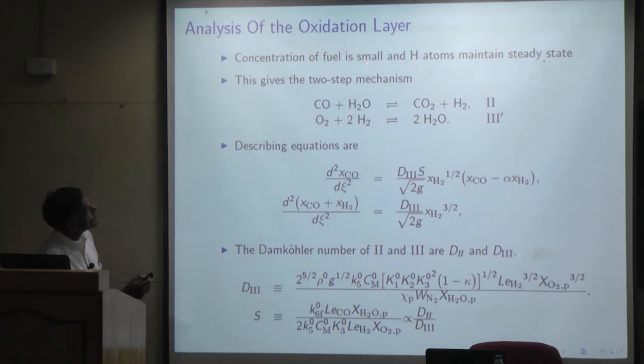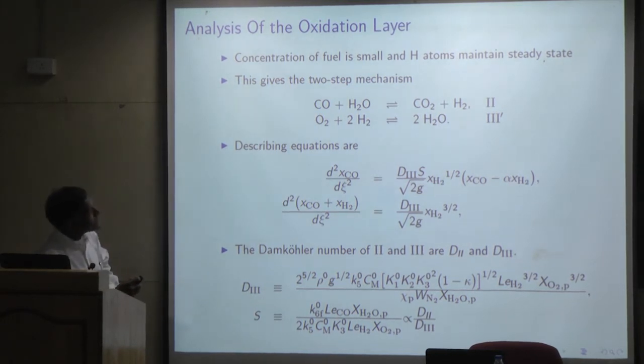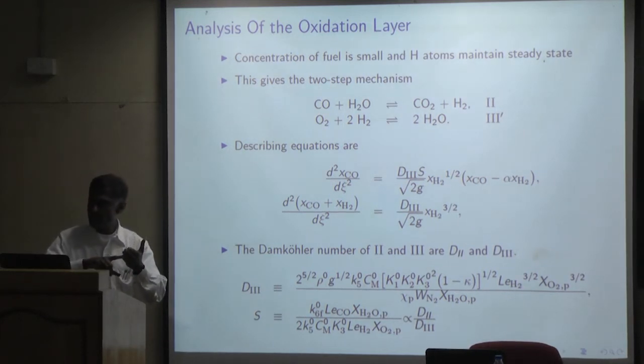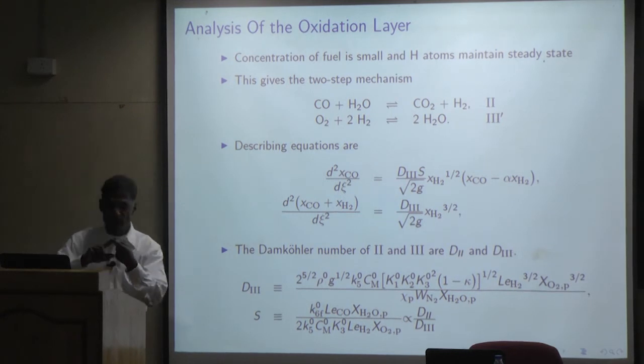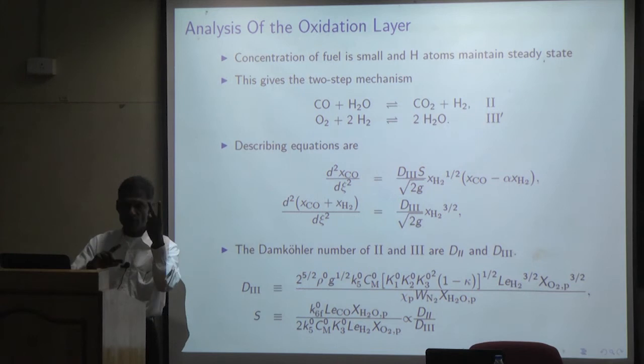In this layer, the concentration of fuel is small, so we can get rid of some terms. It allows us to neglect the first reaction, which is CH4 plus H. It's not taking place. Also we make a steady state approximation for H. Because CH4 is not there, you have only a 3-step mechanism, and because H radicals are in steady state, it goes down to 2.